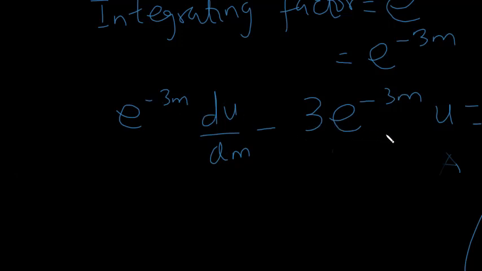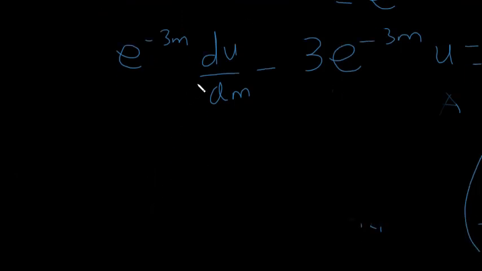And just look at this, you are maintaining u and you are differentiating e to the negative 3m. So this actually tells us that it was a derivative of a product, and we all know this from our ODE.